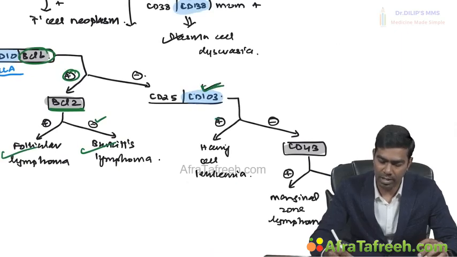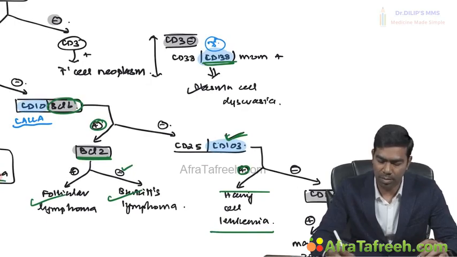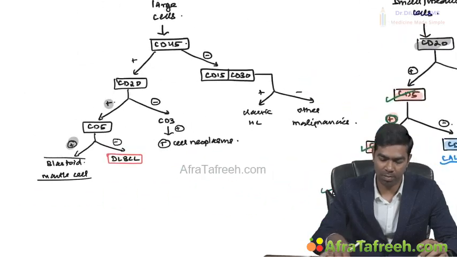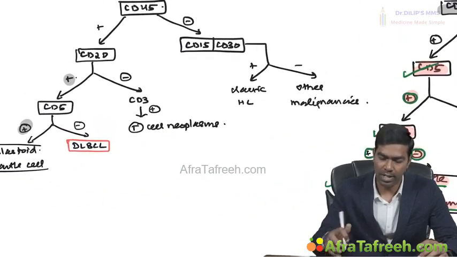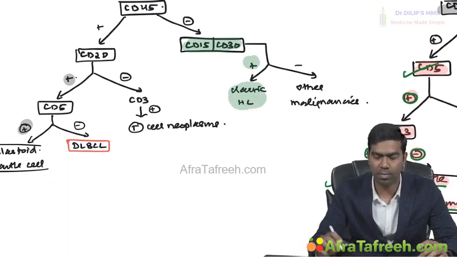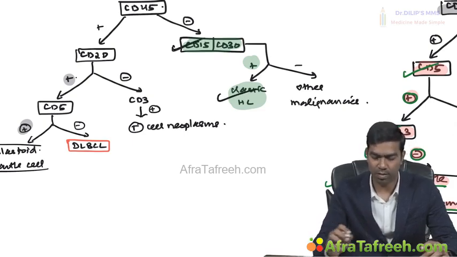Similarly, the CD103 positivity in hairy cell leukemia, and CD138 positivity in a plasma cell dyscrasia. All these things are very, very important things to be known. And the CD15 and 30 positivity in a classic variety, I'm not talking about nodular lymphocyte predominant, in a classic Hodgkin lymphoma, CD15 and 30 will be positive, and again it's very important to understand.